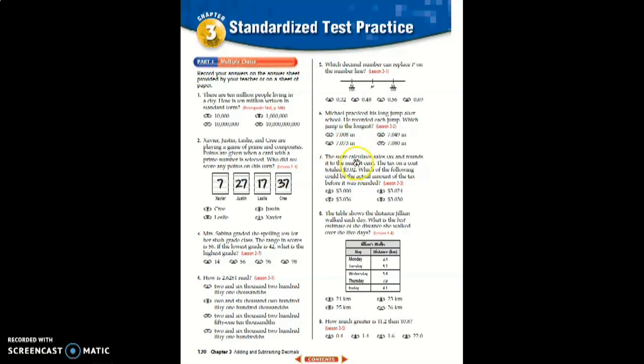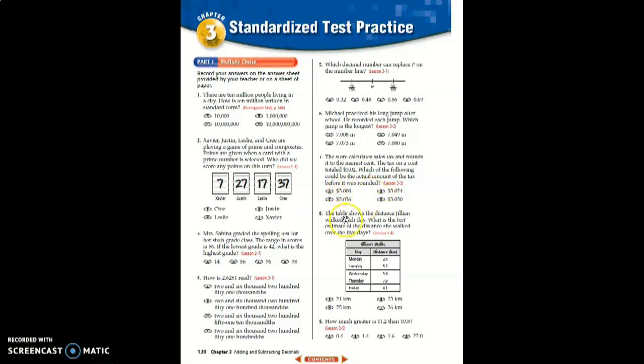The store calculates sales tax and rounds it to the nearest cent. The tax on a coat totaled $3.02. Which of the following could be the actual amount of the tax before it was rounded?